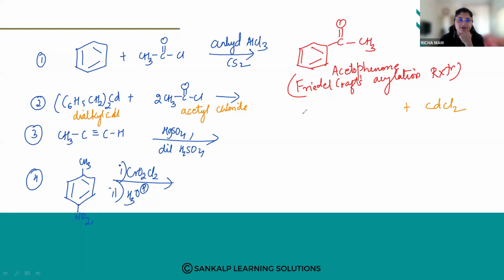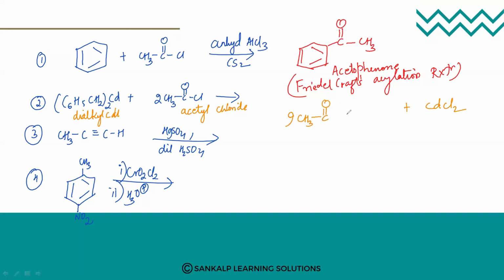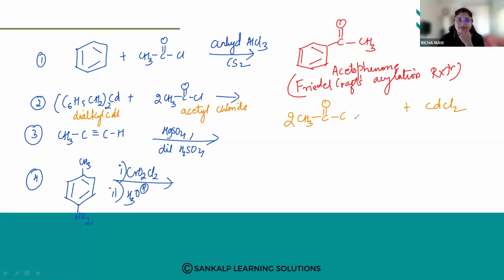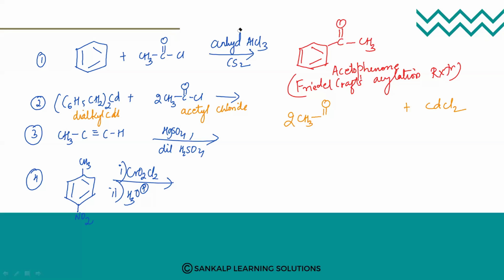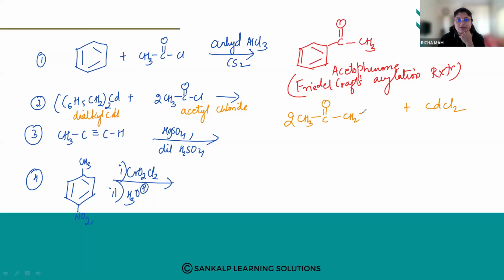And here I'm going to get CH3, C double bond O, single bond, CH2, C6H5.